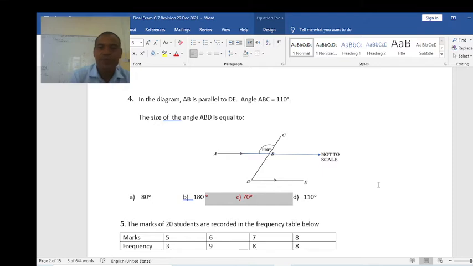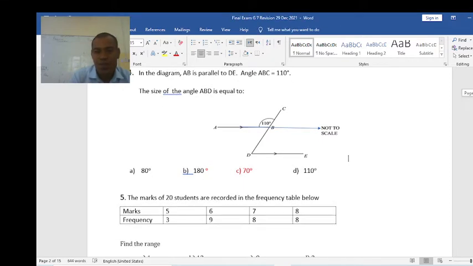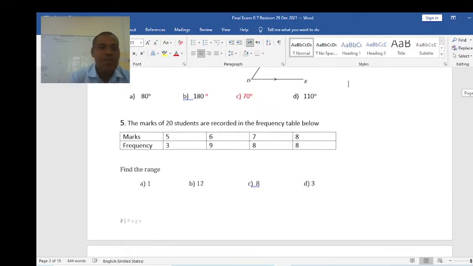The next, learners, we have the marks of some students. The marks of students are recorded in the frequency table below. The mark 5 has a frequency of 3, 6 has a frequency of 9, 7 has a frequency of 8, 8 has a frequency of 8.